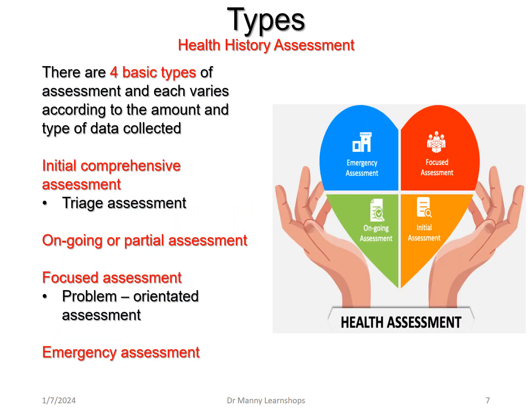What are some of the types of health history assessment? Well, there are 4 basic types. These include the initial comprehensive assessment, sometimes referred to as the triage assessment. Then it's ongoing, or more information, which adds partial assessment.